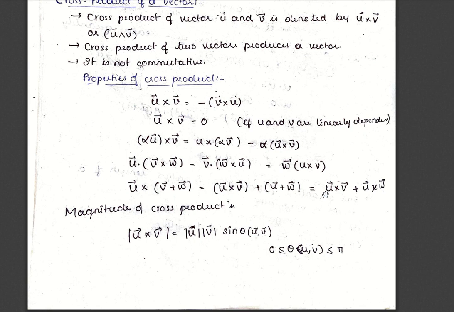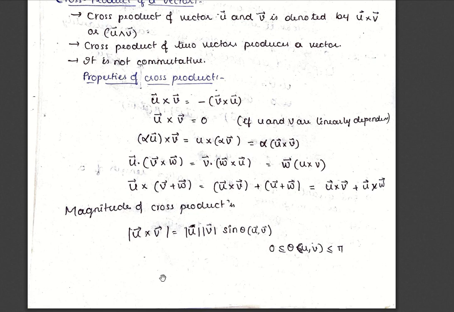The magnitude of the cross product is, as I have mentioned when we talk about the cross product, the sine of the angle, similar to the dot product, but instead of the cosine of the angle, we have to take the sine of the angle between them.